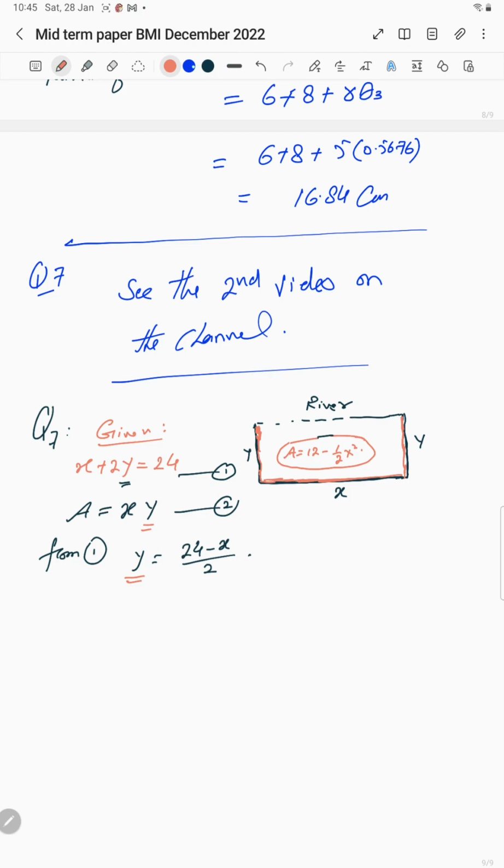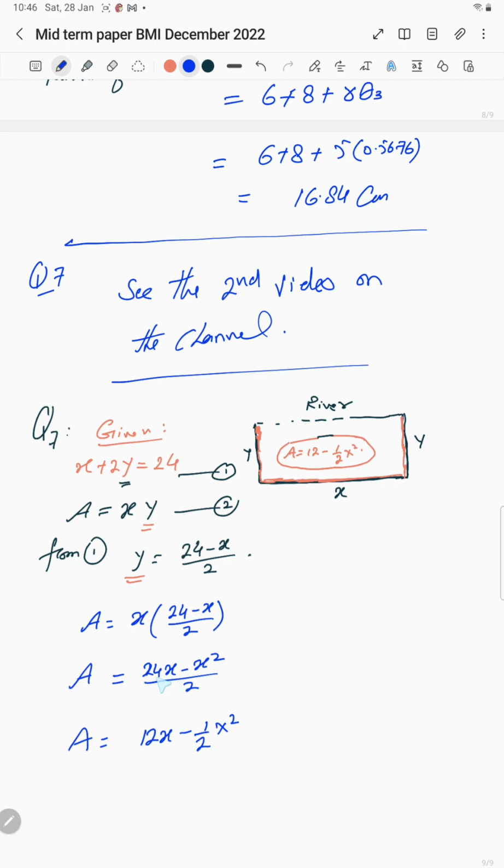So we'll get A equal to x times y. y is what? 24 minus x by 2. So after simplifying, we get area is equal to 24x minus x square whole divided by 2. We can divide it independently. So 12x minus 1 by 2 x square.